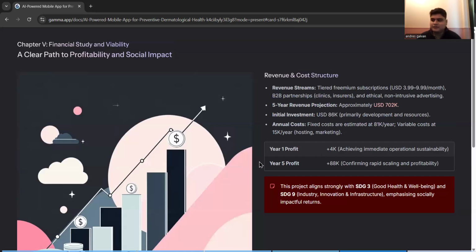These indicators show that this project could be economically capable of sustaining growth and raising investment.